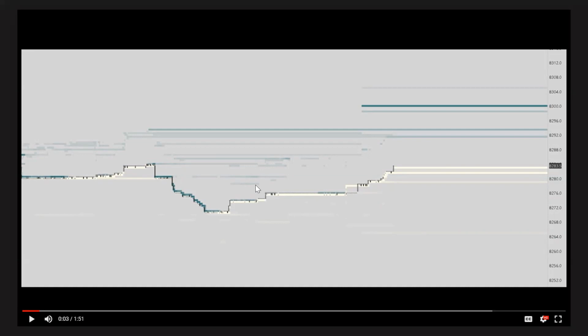So liquidity in the book, and in this case, the more dense the liquidity at a particular price, the more intense the color. So you can see here you've got some sellers up in here, some at 8292, and then bids chasing price up at 8283.5, supporting price just below market.